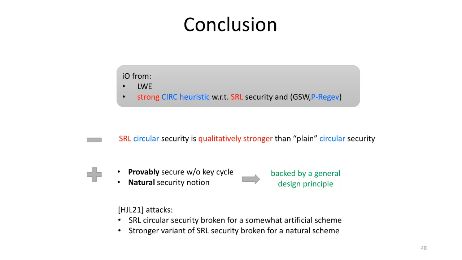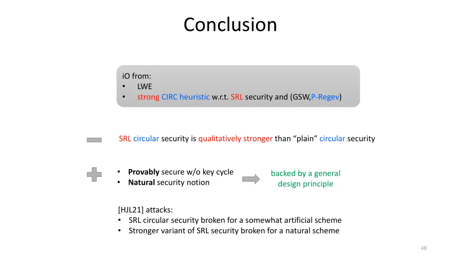So following up our work, there's an attack by Hopkins, Jain, and Lin that's actually very insightful and quite simple. You can interpret it in two ways. The first way is to say they give a somewhat artificial scheme which is SRL secure under LWE, but it's not SRL circular secure.